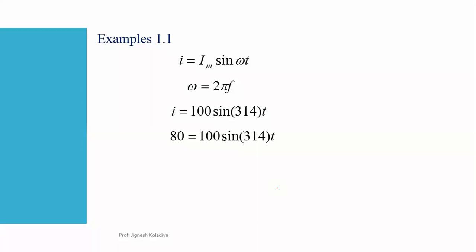0.169. Okay, so let us see where you have done the mistake. So t is equal to, as I told you, 1 upon 314 sine inverse 80 upon 100. Now sine inverse of 80 by 100 is 53.13 degree.